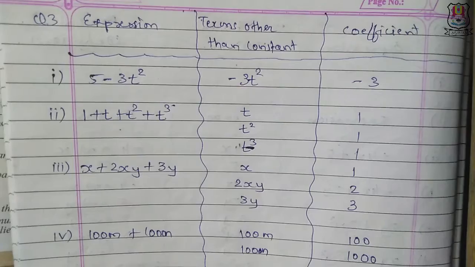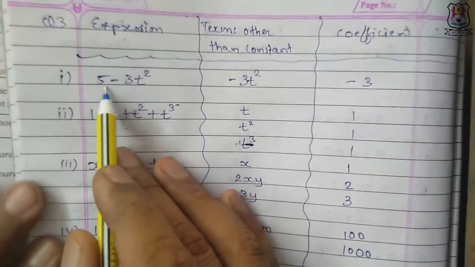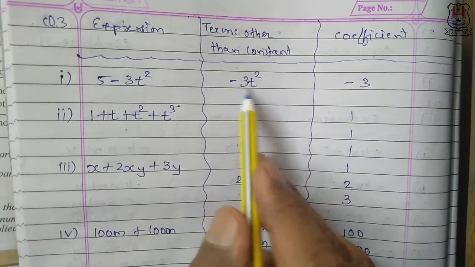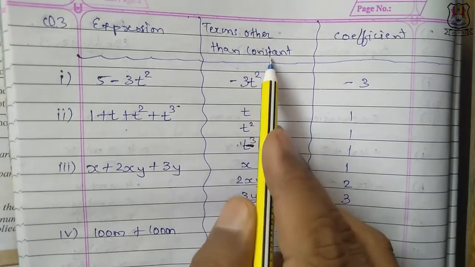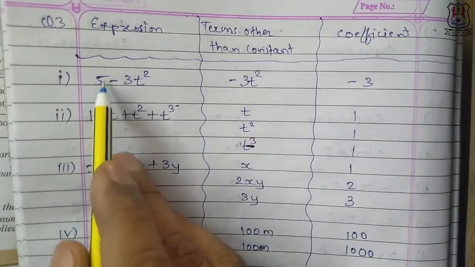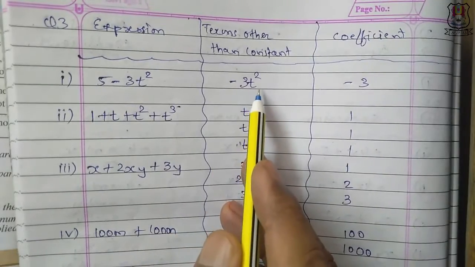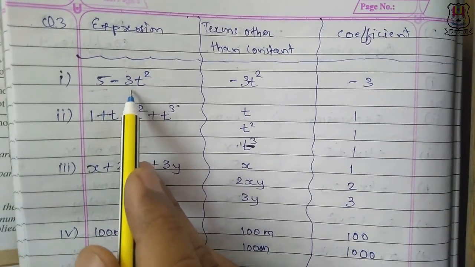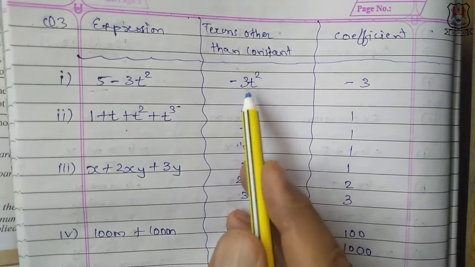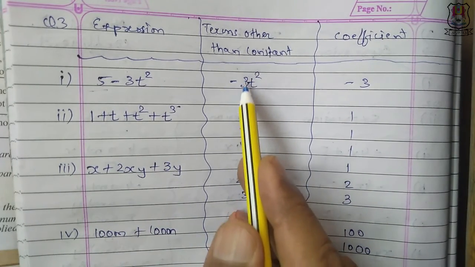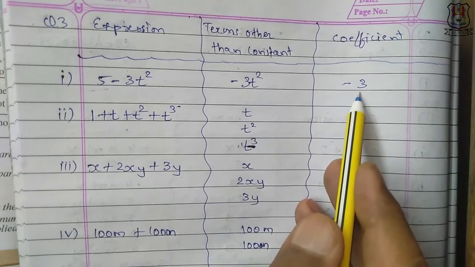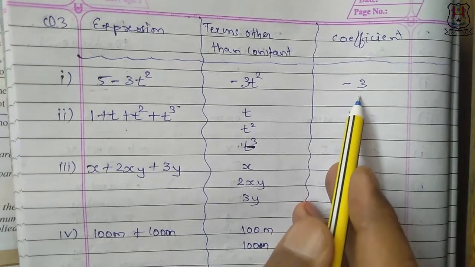So the first expression is 5 minus 3t square. This is the term other than the constant. We don't have to include the constant while showing the coefficient. So the constant is ignored, and this is the term that has a variable, minus 3t square, and minus 3 is the coefficient of the term. So I have written over here that the coefficient is minus 3.